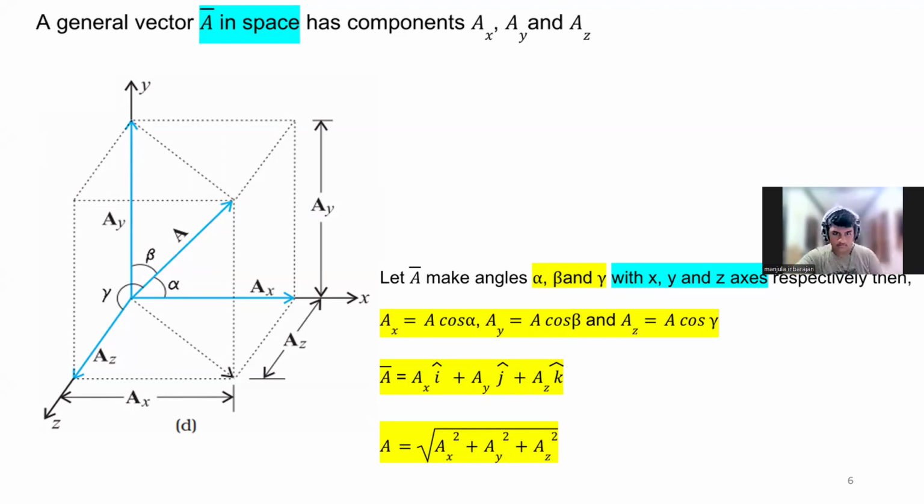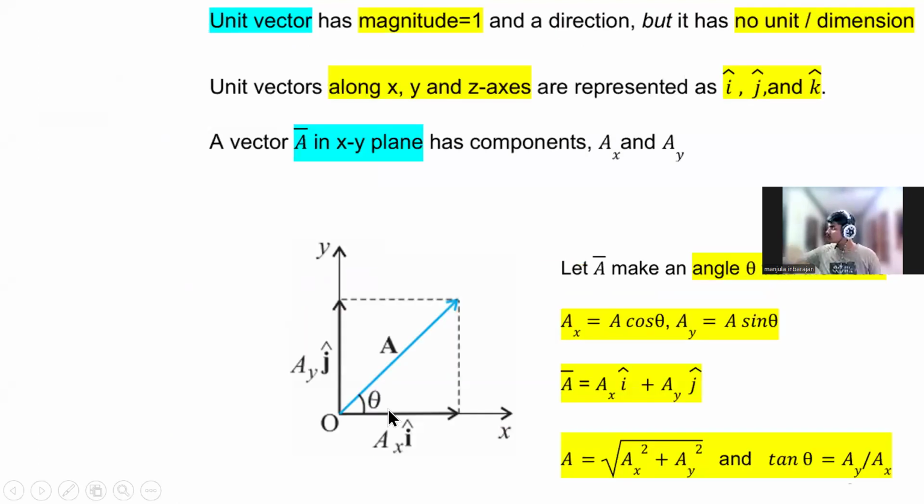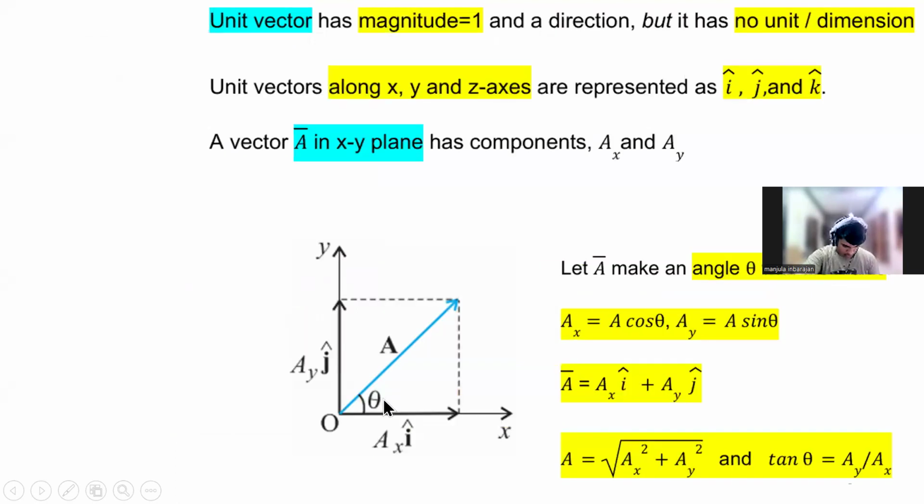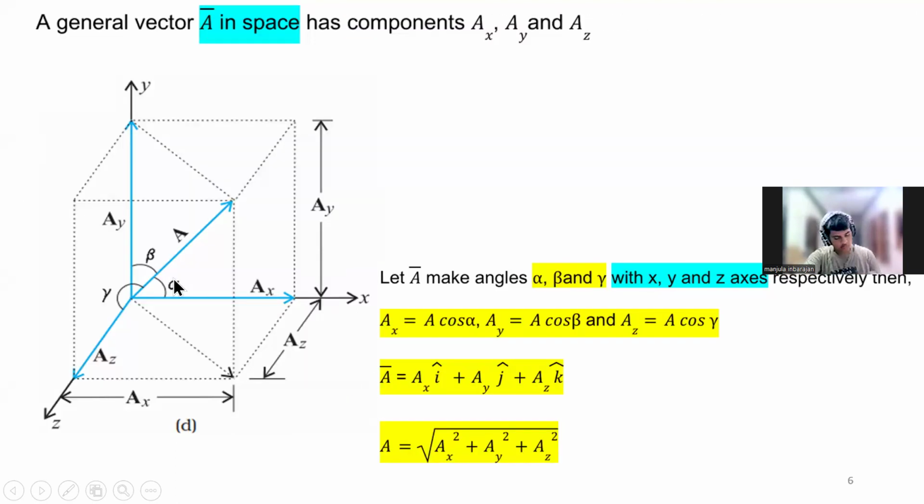Here it's in space, not in the xy plane. That's the difference. Here it's making theta, but the theta is in the xy plane, so the components are a cos theta and a sin theta. But if it's in space, this is a space angle. Here this angle is in a plane, the xy plane. This angle is in space, not in a plane.